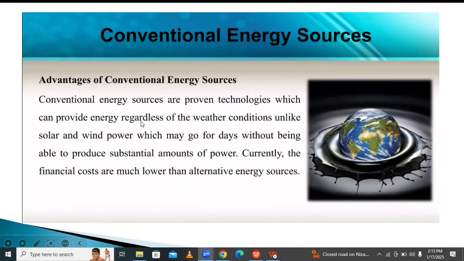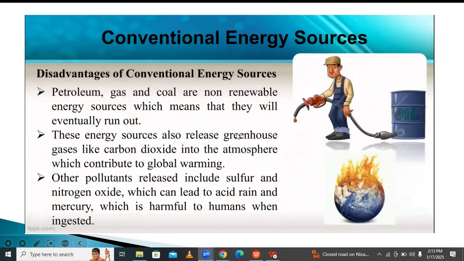So this is about some advantages of conventional energy sources, and they have disadvantages also. For example, petroleum, gas, and coal are non-renewable energy sources. They will eventually run out. As time goes on, these sources will run out.